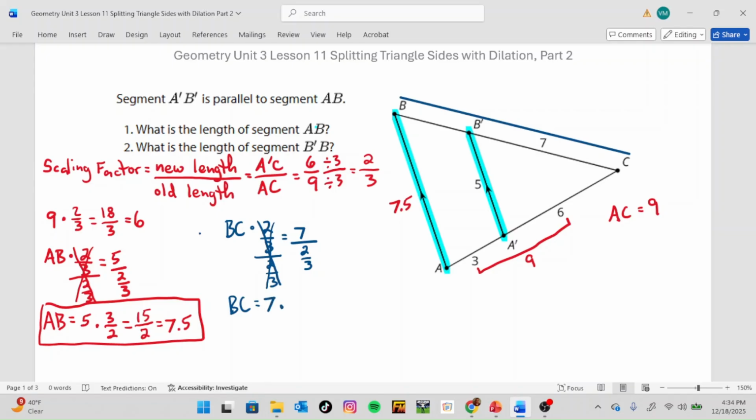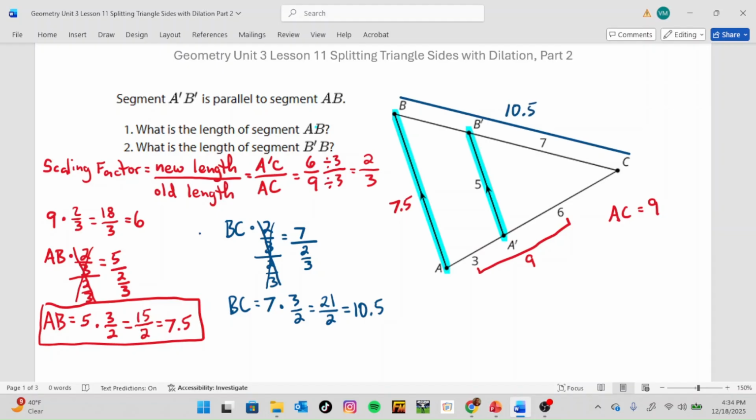So that becomes 7 times 3/2. 7 times 3 is 21, and 21 divided by 2 is 10.5. So the original full length is 10.5.